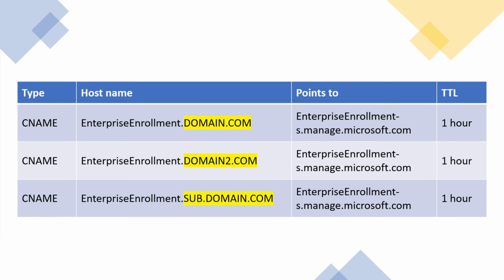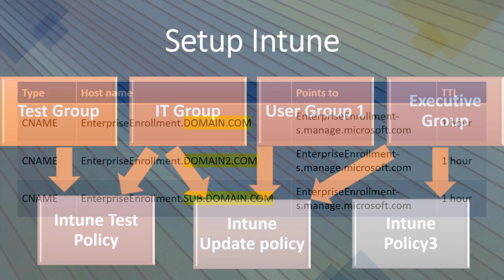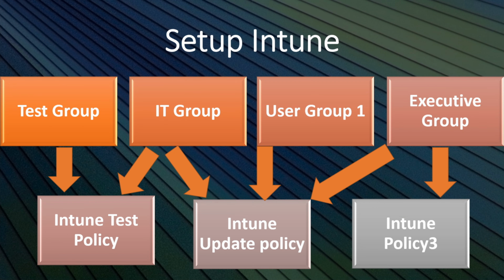Next step is to create groups and assign the license to the user. Assigning the license to the user is simple, like mapping the license to the users, and creating the groups depends upon our organization's requirement. Every policy can be mapped to different groups.